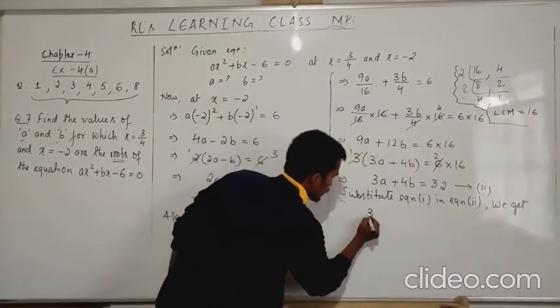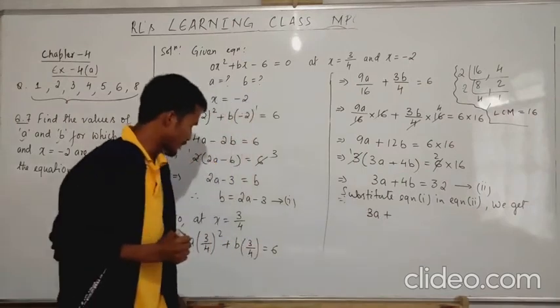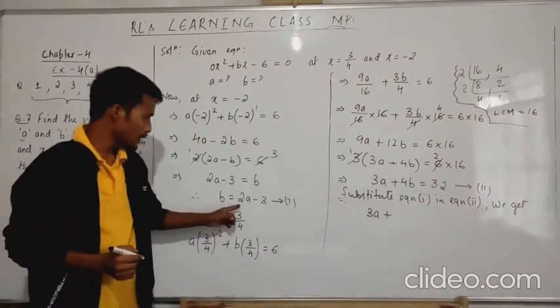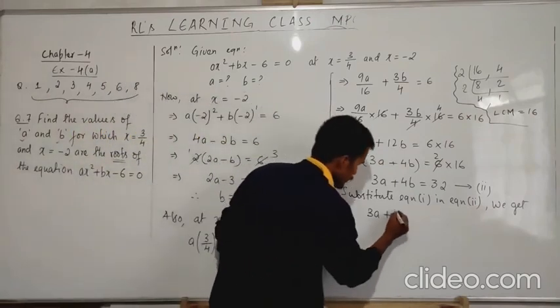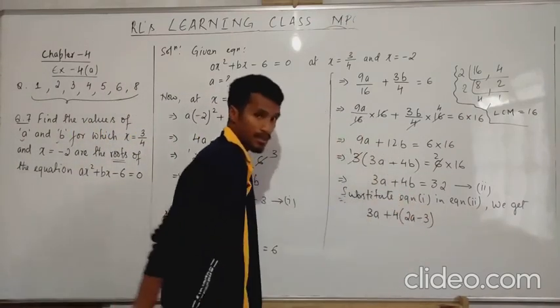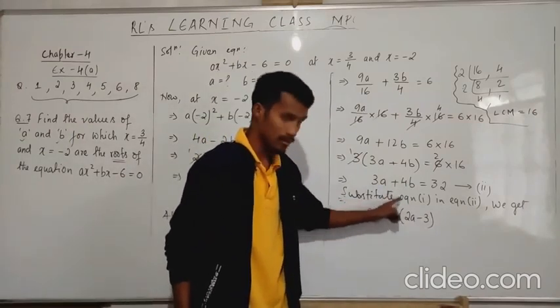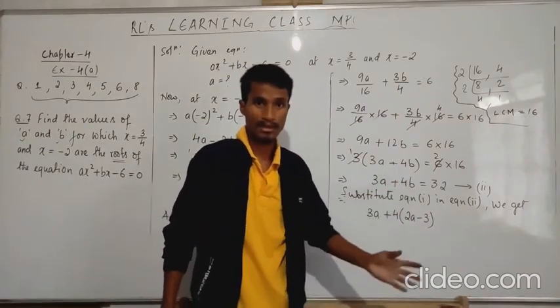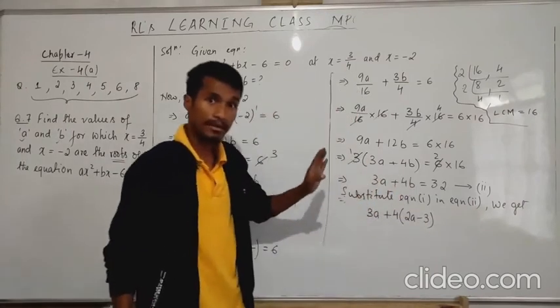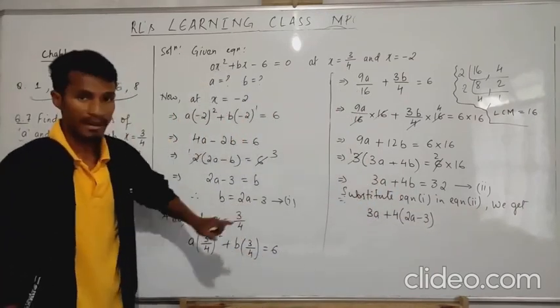Now 3a plus, now in place of this b, how much did we get? 2a minus 3. Then I put this 2a minus 3 in place of this b. But this 4 we cannot throw out. We cannot take it and put it inside our pocket. This 4 will remain as it is. Only this b will be replaced by 2a minus 3.